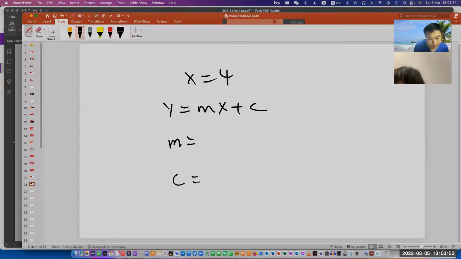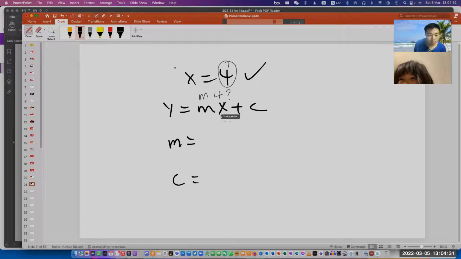What's your c? x equals 4, right? M is 4, because it's 4 now.